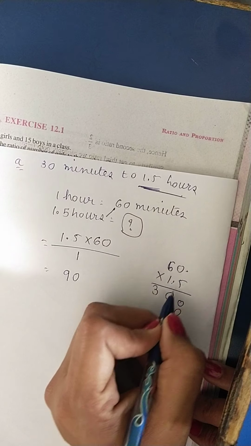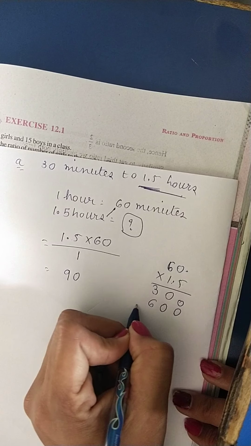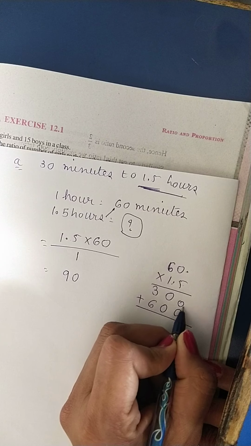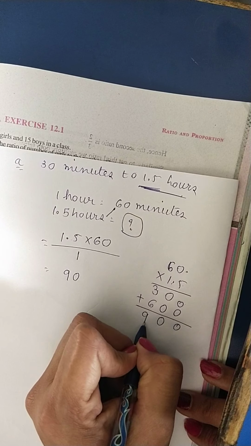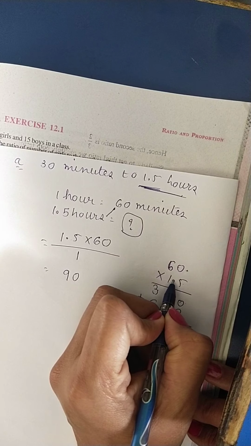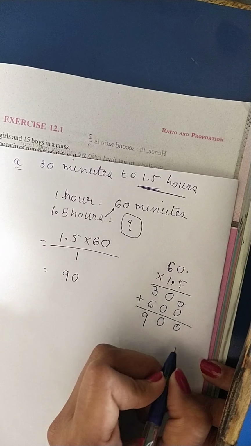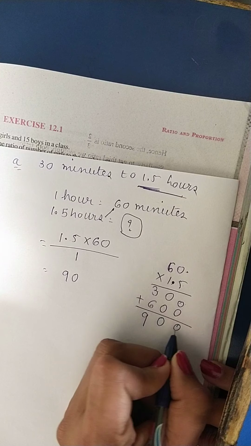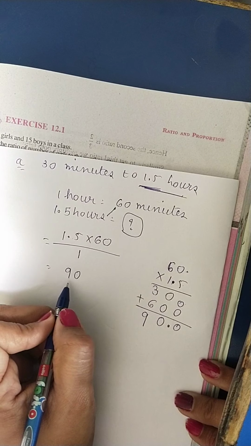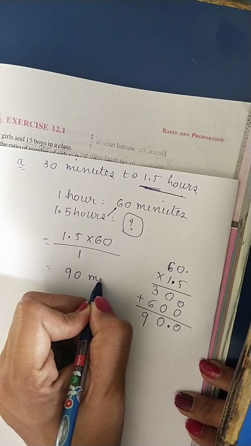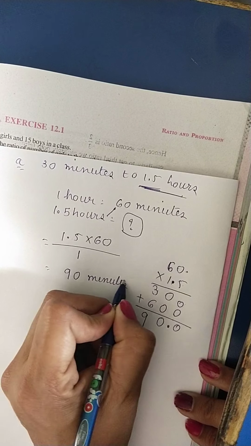First put the 0, 1 zero is 0, 6 ones are 6. Make the addition, 0 plus 0, 0, 0 plus 0, 0, 6 plus 3, 9. Here after the decimal point we have 1 digit, so we have to put the decimal point after 1 digit. Already we learned these things in the decimal chapter. 90. So this is 90 minutes.